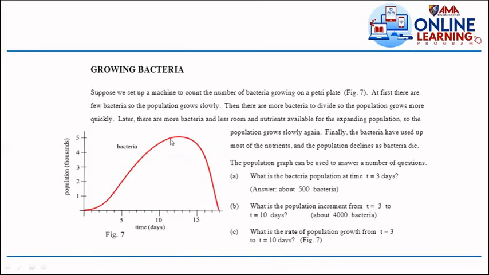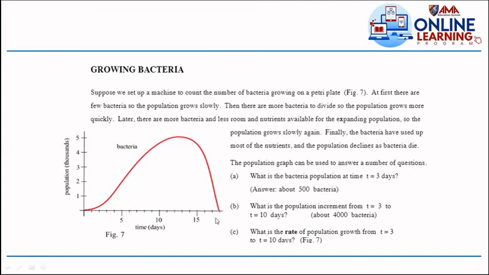Habang dumadami siya, wala silang space dahil ito lang yung space nila at wala na silang pagkain. Nung na-reach nila yung peak number nila, that's the time na unti-unti na silang umuunti, namamatay hanggang mawala na. After 18 days, ubos na po sila lahat. Okay? So yan po yung figure ng growth ng bacteria po natin.